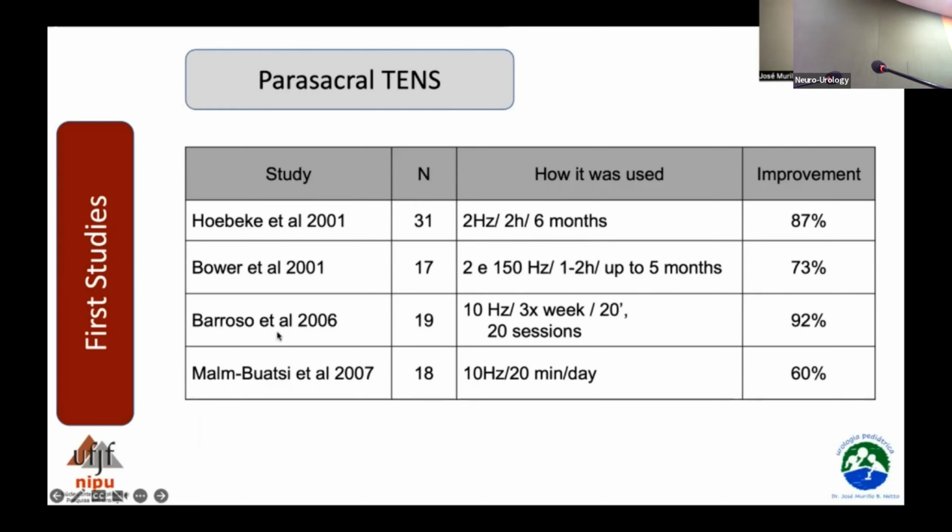But in 2006, Dr. Benito Barroso here in Brazil started doing three times a week sessions for only 20 minutes, and also got similar results. So what we do now in our group is this protocol of 3 times a week, 20-minute sessions, about 20 sessions.